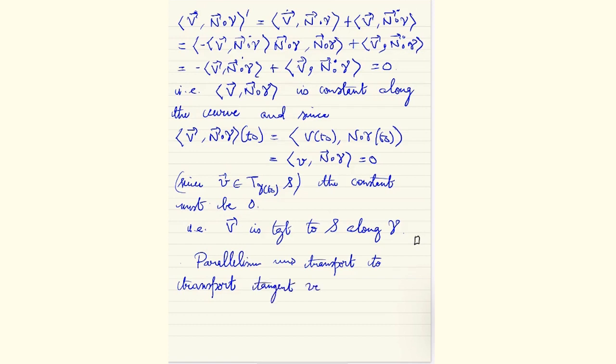So, tangent vectors from one point to another, meaning a tangent vector in the tangent space at one point to another.